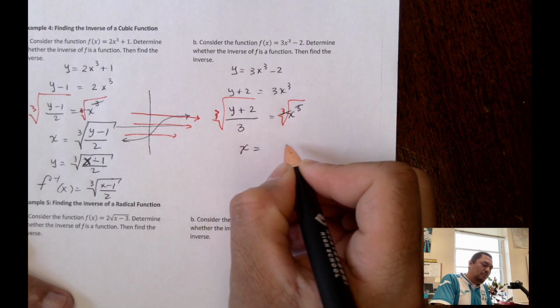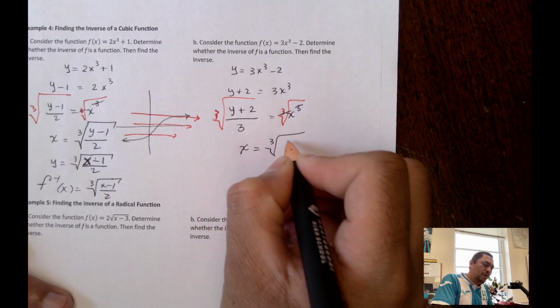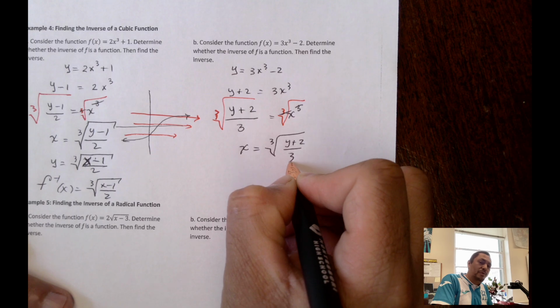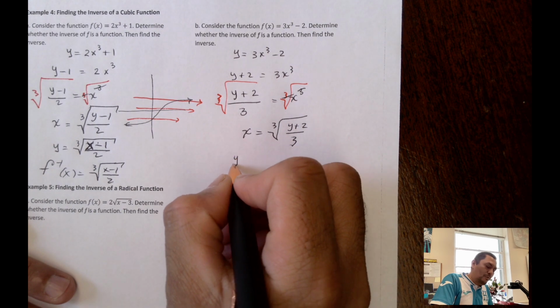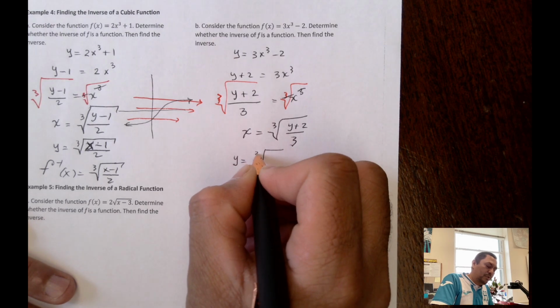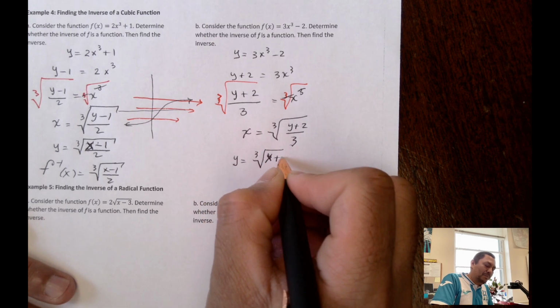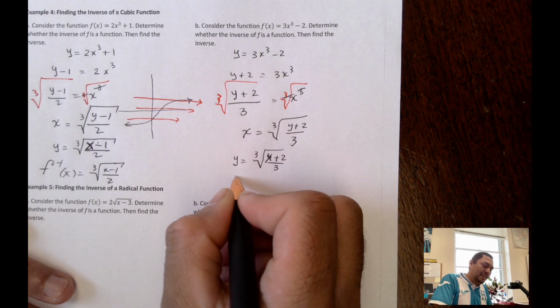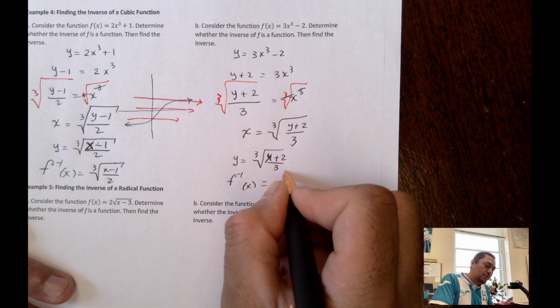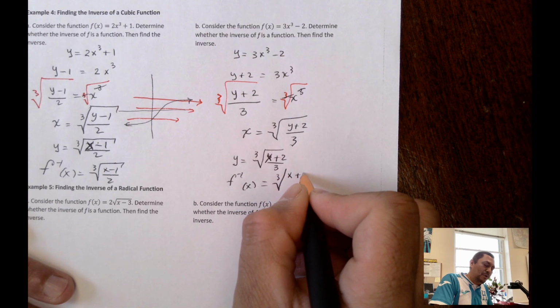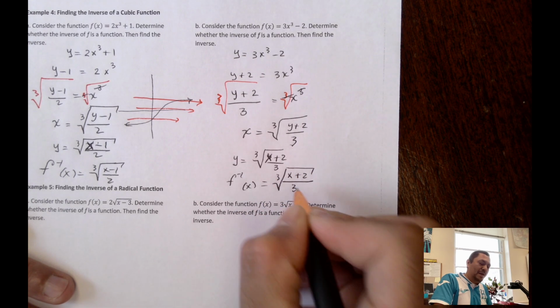So x is equal to the cube root of y plus 2 over 3. We interchange the variables. So y equals the cube root of x plus 2 over 3. And then I have f inverse of x is equal to the cube root of x plus 2 over 3.